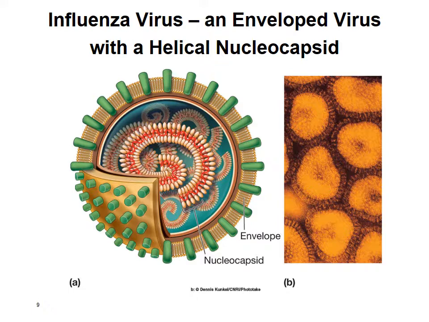In A, we have a schematic view of the influenza virus, and these viruses have what are called segmented genomes consisting of 7 to 8 different RNA molecules. In B, we have an electron micrograph image of the influenza virus particles. This is at 350,000 times magnification.